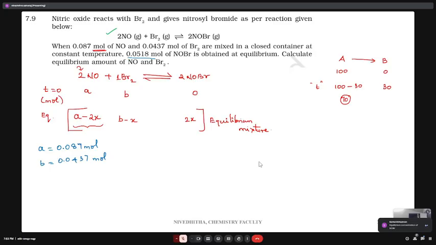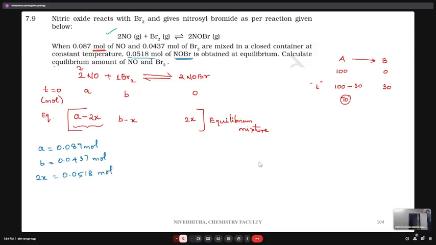Right. So Sendamil Chelvan is right. This is the number of moles of NOBr at equilibrium. Which means the number of moles of NOBr at equilibrium is 2x. So the 2x value is given as 0.0518 mole.